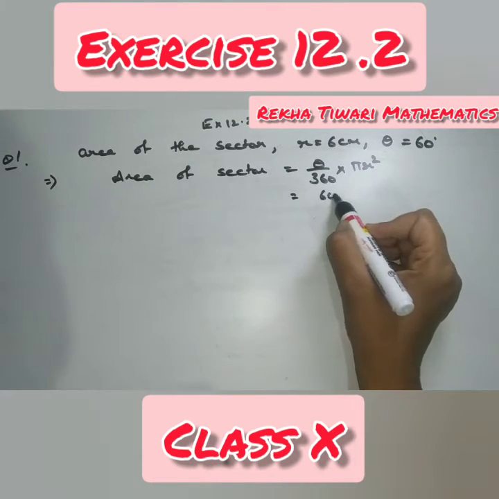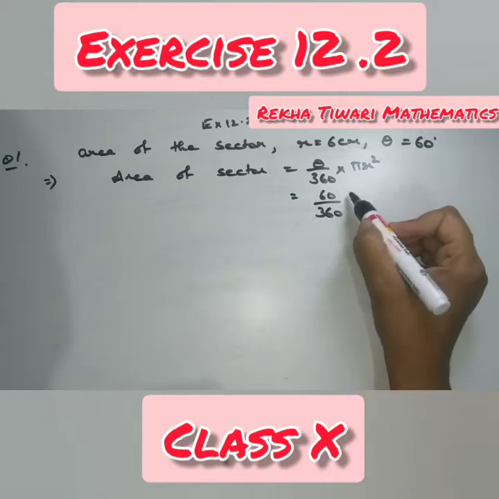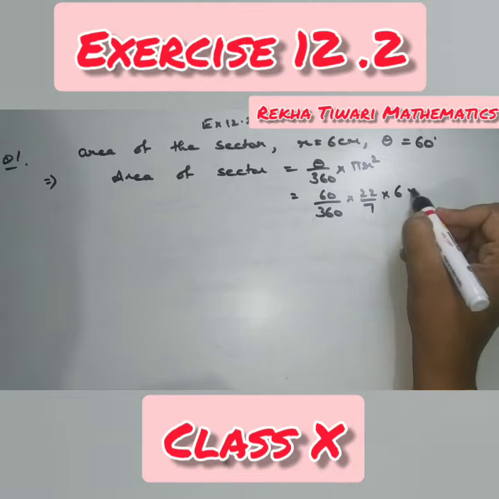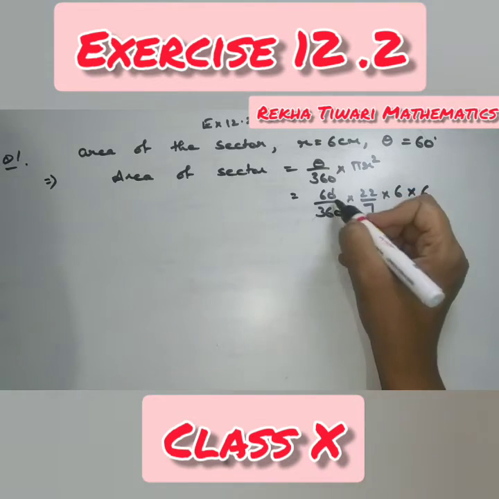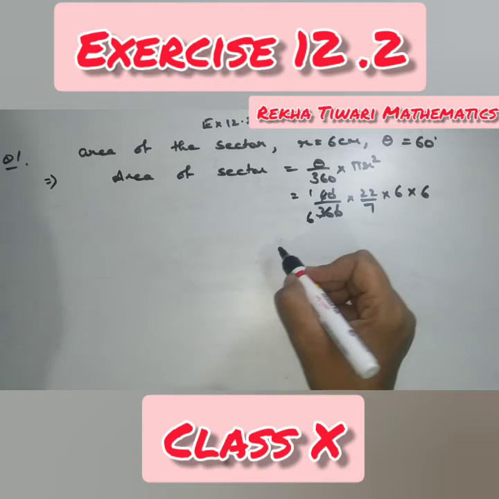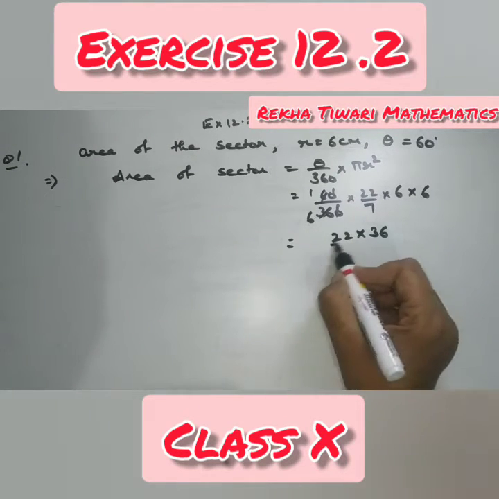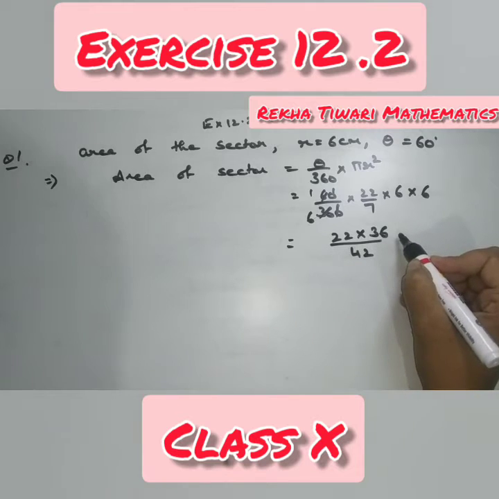So this becomes 60 by 360. Theta is 60. Pi is 22 by 7 into 6 into 6. Cancel this. It comes out to be 22 into 36 upon 42.